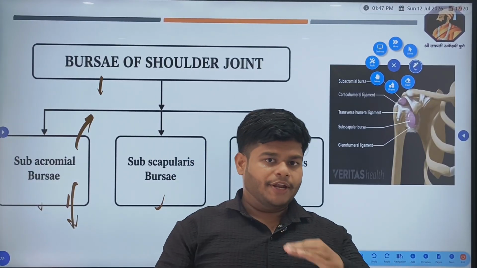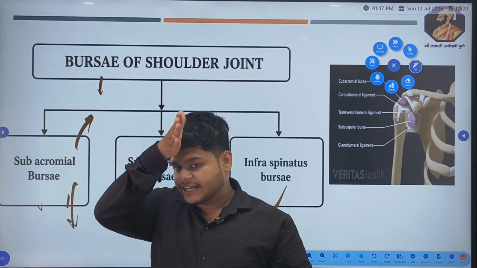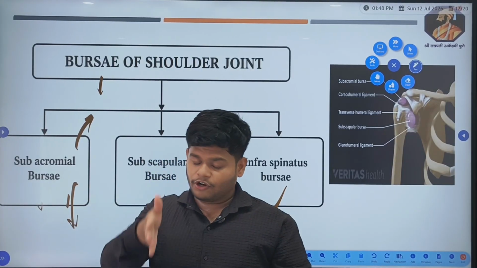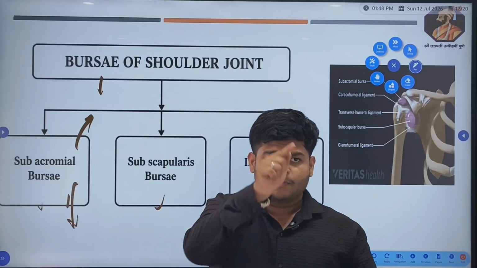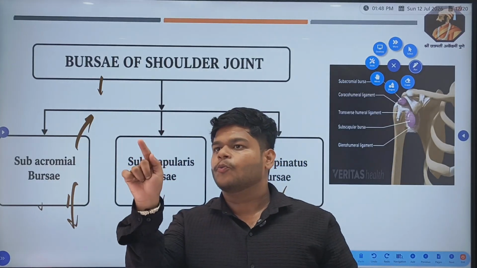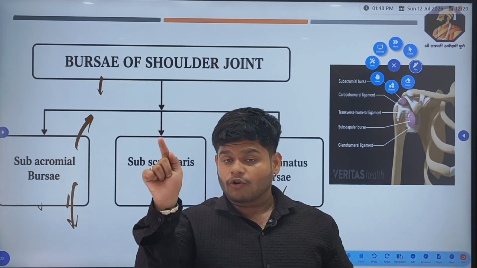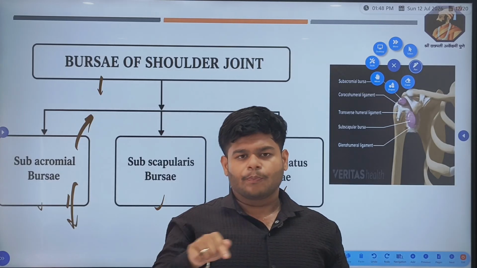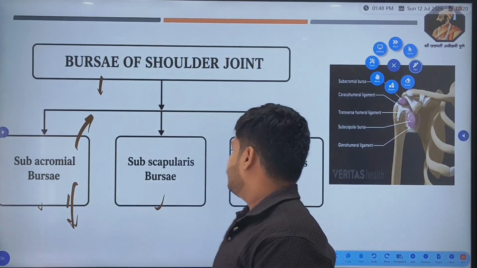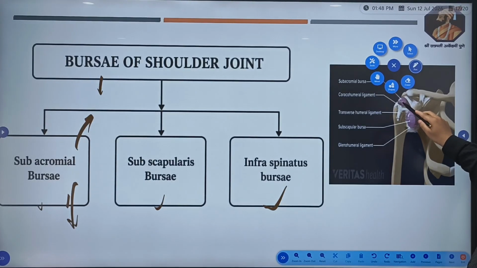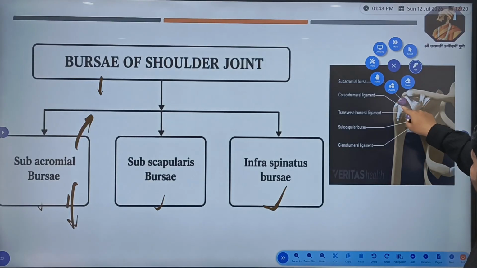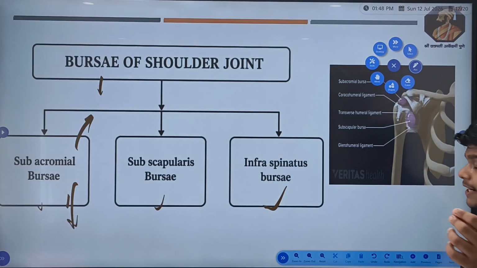Whenever you see the sagittal section in your textbook, you can clearly see that this bursa separates the acromion process and the coracoacromial ligament from the supraspinatus muscle. See over here. This is the subscapular bursa and this is the subacromial bursa. Here over the back side there is the supraspinatus muscle.